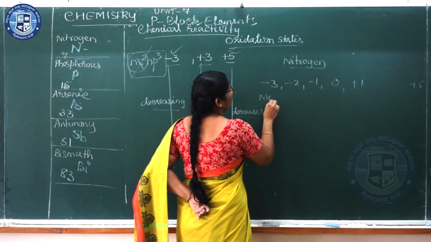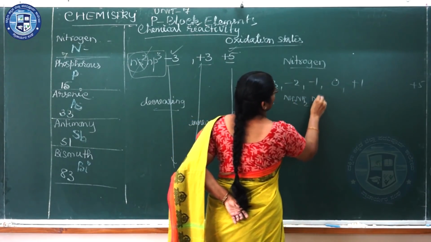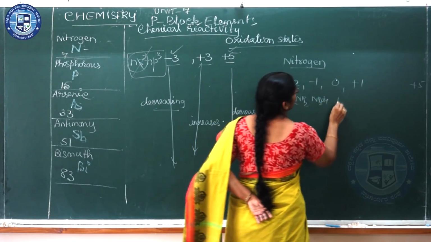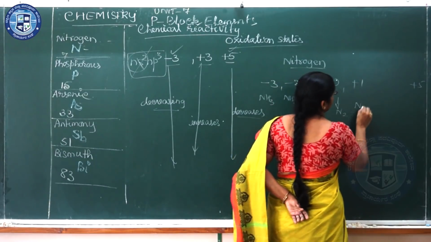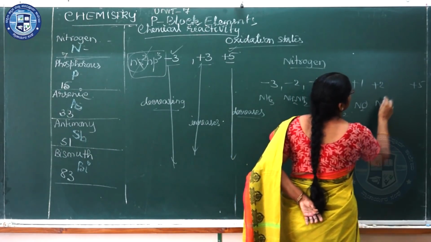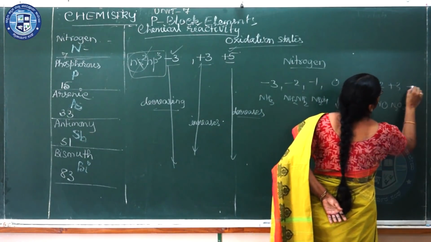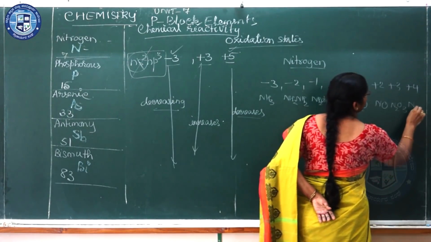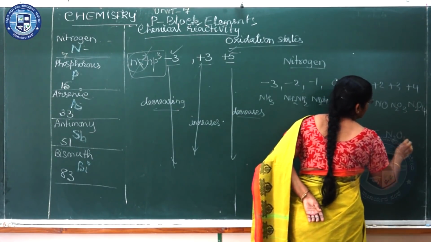-3 is in ammonia, -2 in hydrazine, -1 in hydroxylamine, 0 in nitrogen, +1 in nitrous oxide, +2 in nitric oxide, +3 in nitrogen trioxide, +4 in nitrogen tetroxide, +5 in nitrogen pentoxide.